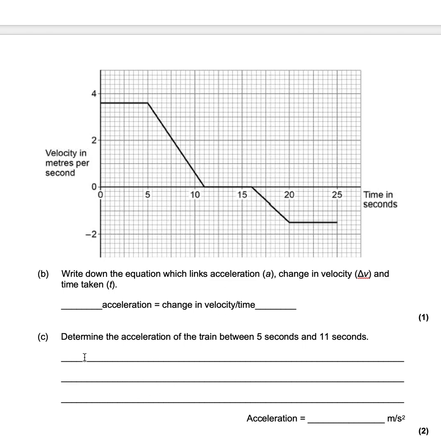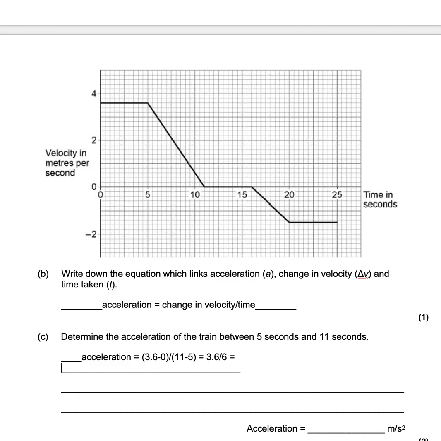So the change in velocity is equal to 3.6 minus 0, divided by the time taken between 5 and 11 seconds. That's 11 take away 5, which is 6 seconds. So we get 3.6 divided by 6, and that equals 0.6 meters per second squared.